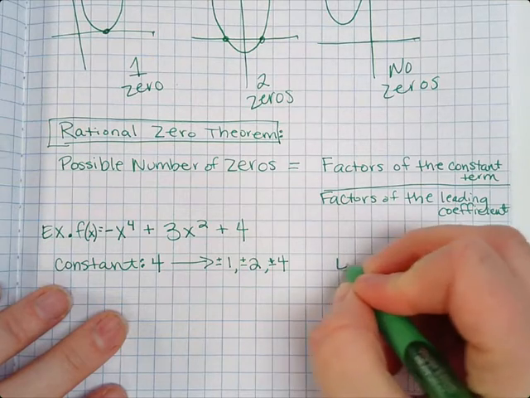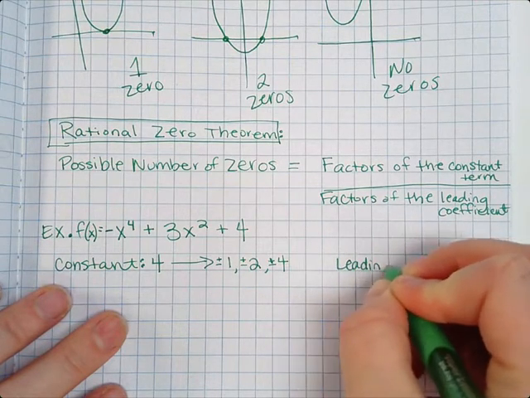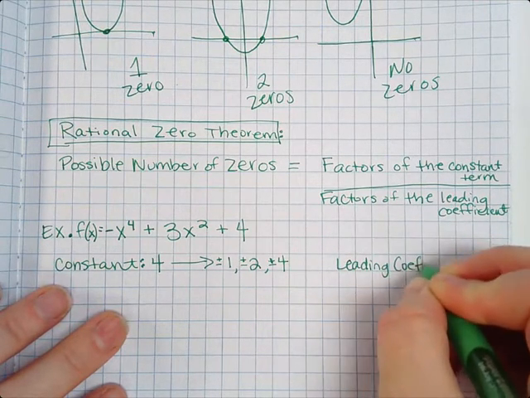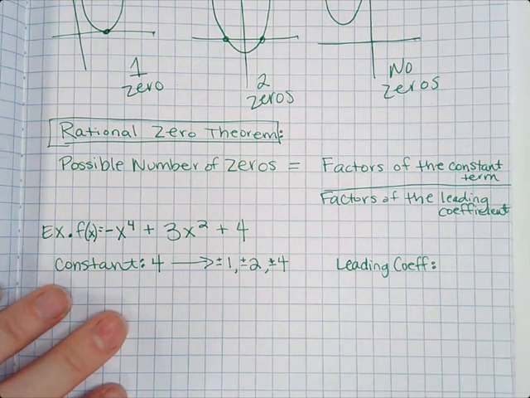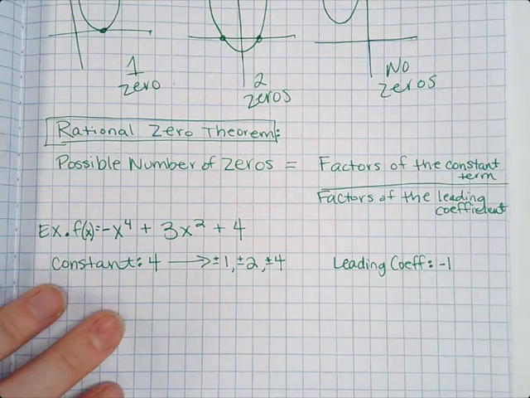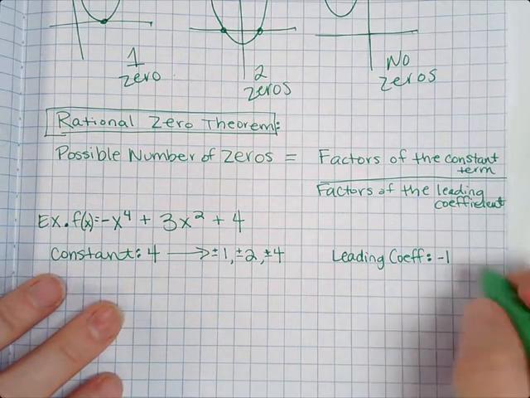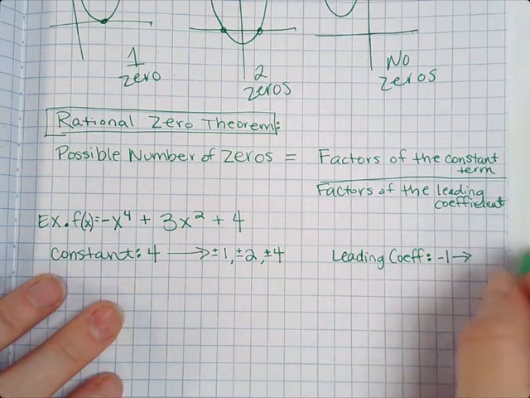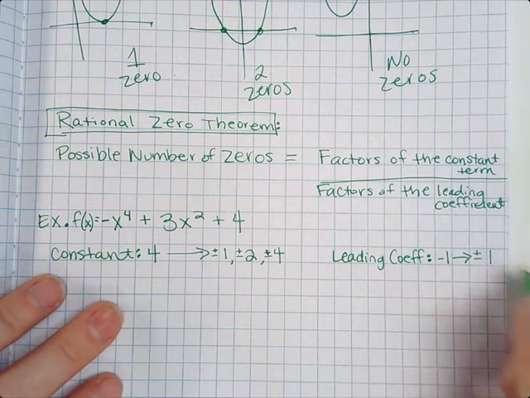And then our leading coefficient is a negative 1. And our factors are just positive, negative 1.